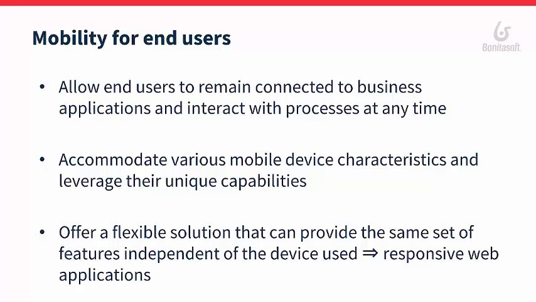So it's not only mobile devices, but it can also be tablets or any other device. And when we consider a smartphone, there are also some unique capabilities compared to a desktop. For example, usually smartphones come with a GPS or some sensors, and they have cameras. So you probably want to leverage all these kinds of features when you create application.